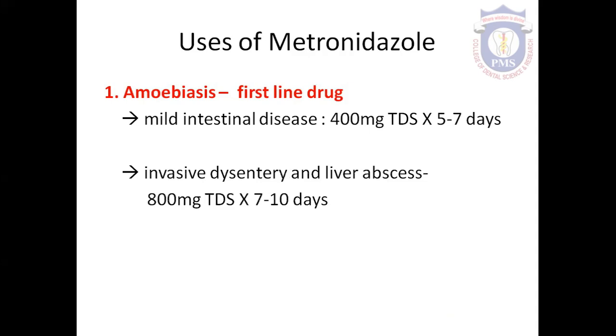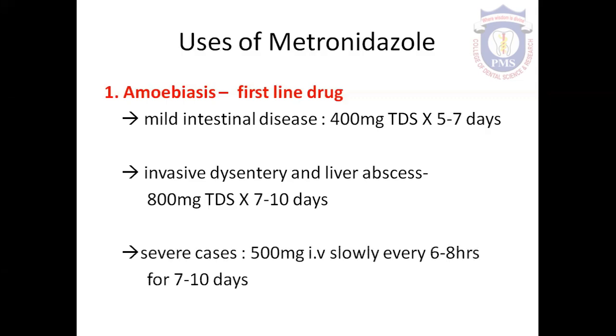In case of invasive dysentery and liver abscess, we give a higher dose, 800 milligram 3 times daily for 7 to 10 days. If it is very severe cases, we need to give parenteral metronidazole, 500 milligram intravenous, slowly every 6 to 8 hours for 7 to 10 days.